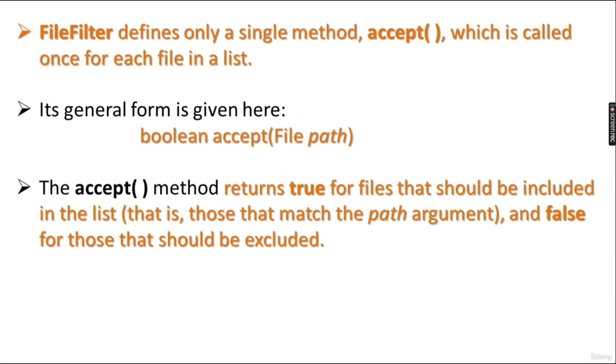The accept method, boolean accept(File path), returns true for files that should be included in the list, that is, those that match the path argument, those available at that particular path; otherwise they are excluded. If you want to find the files in, suppose, the D drive XYZ folder, all the files included in that path only will be listed, and other than that path they will not be included.